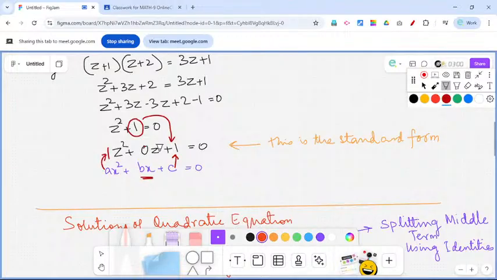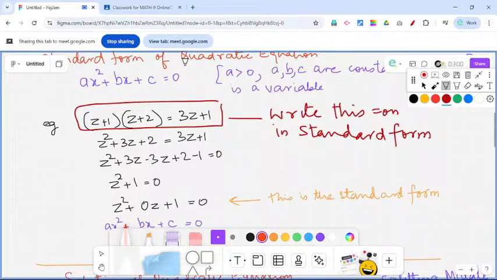So ऐसे भी questions आ सकते हैं, you will be given an equation and you have to write the standard form. ठीक है, जैसे ये equation दिया आपको और आपको बोला write this equation in standard form. ऐसे भी क्वेश्चन आ सकता है. उसके हम कुछ क्वेश्चंस देखेंगे अभी, एक्सरसाइजेस दूंगा मैं.